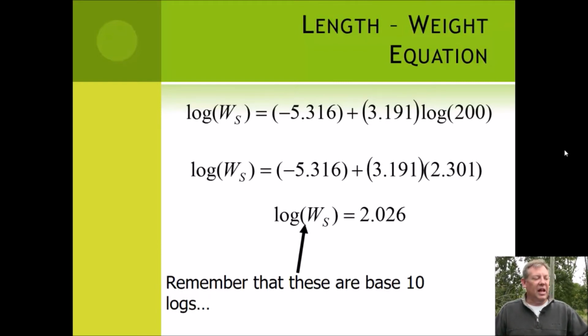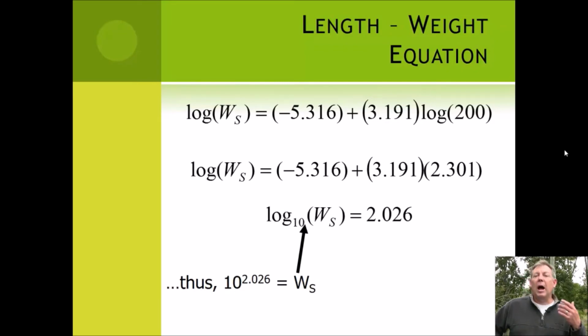Some calculators have anti-log, but remember how base 10 logs work. If you've got the base 10 log of W sub s equals 2.026, that means that 10 to the 2.026 equals W sub s. This is important to know because Excel does not have an anti-log function.